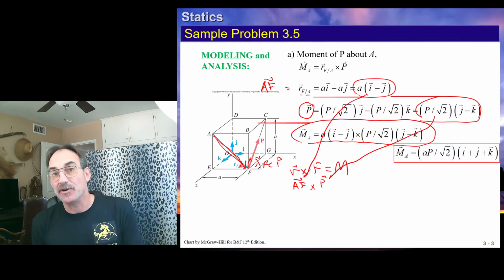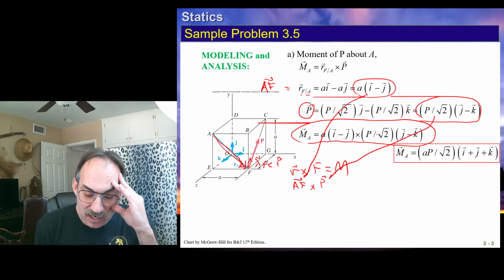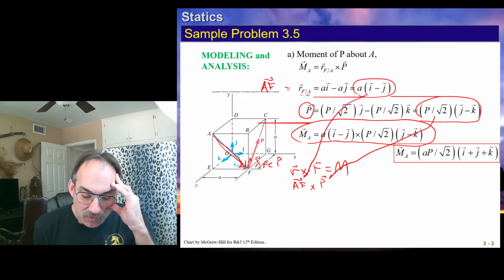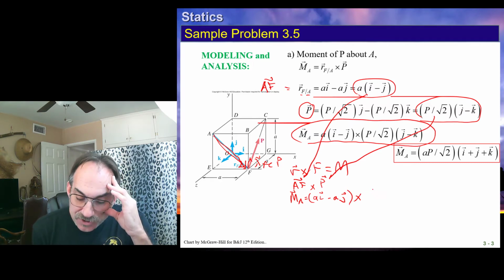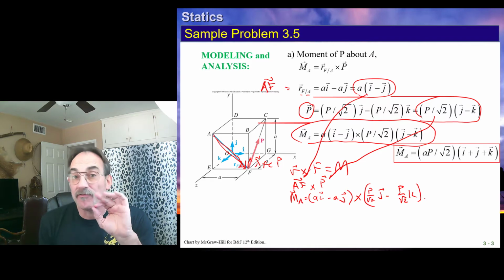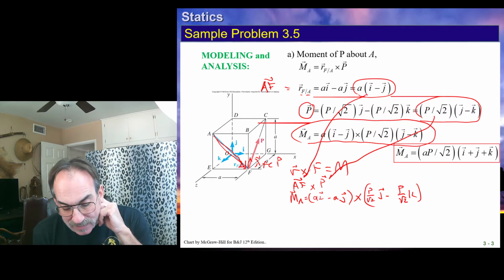And you can actually lay out your determinant or solve this component by component. Let's go ahead and do that. M about A is simply going to be our position vector ai minus aj crossed with our force vector, which is P over square root of 2 j minus P over square root of 2 k. Now we can actually form our determinant to do this, or we can just do it step by step.